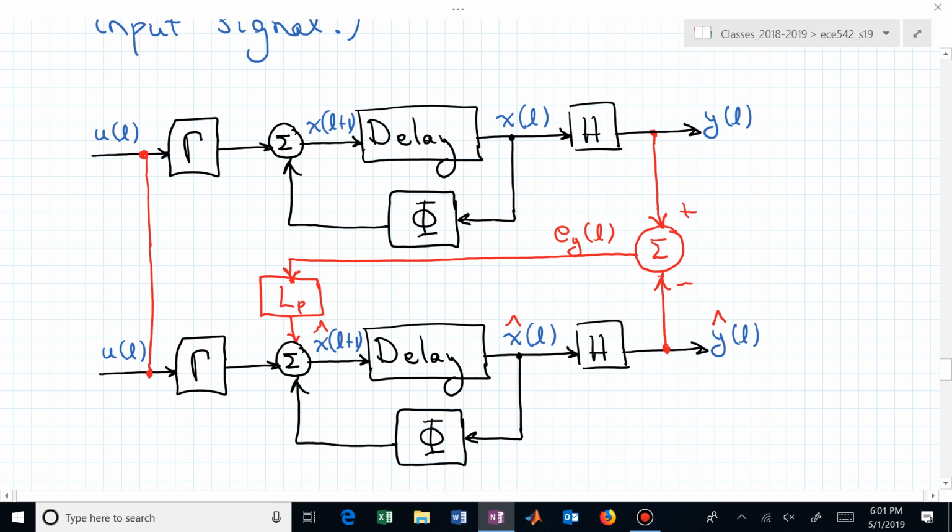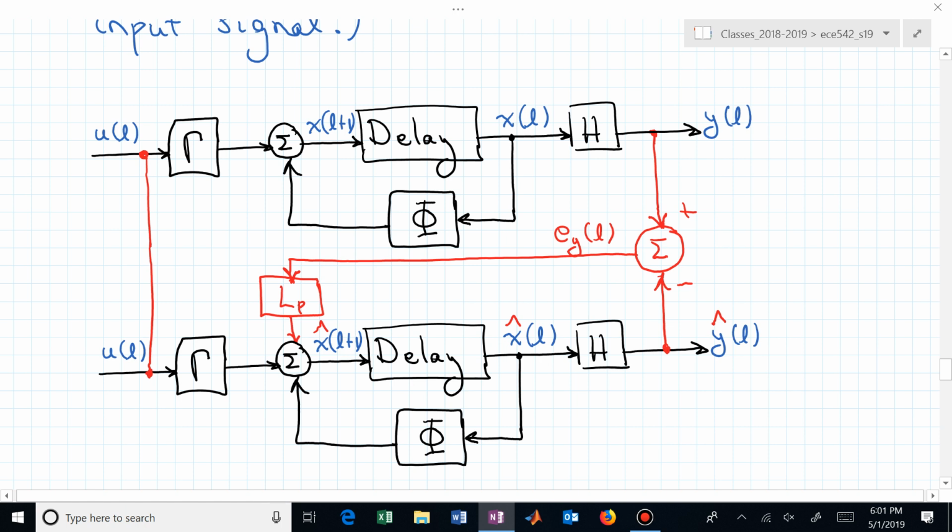Well, then y hat is definitely not the same as y. So we compare y hat with y. That's going to give us an error, and we use that error to now adjust the estimate or the dynamics of x hat of k plus 1.